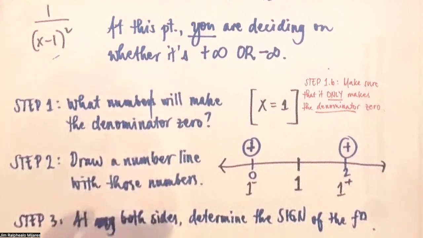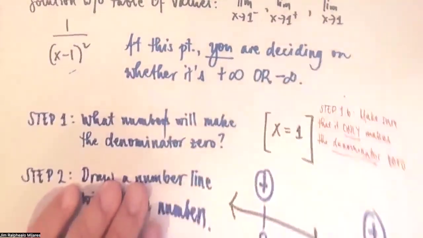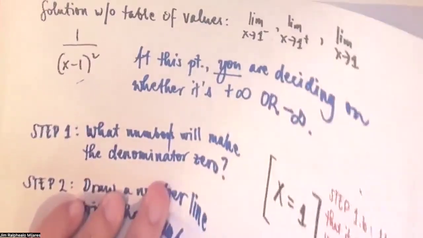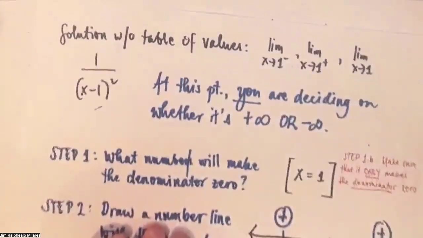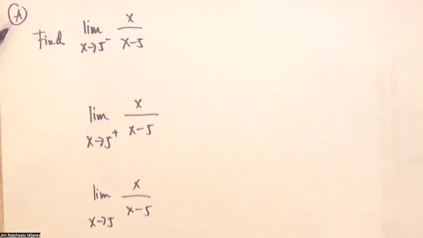Right. Let's try it in a simple function. Let's try it for this one right here. We want to find the limit as x approaches 5 from the left of x over x minus 5, 5 from the right of x over x minus 5, and of course, x approaches 5 two-sided.